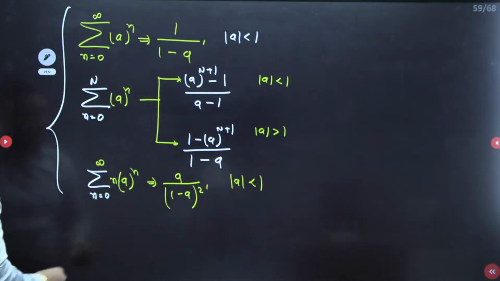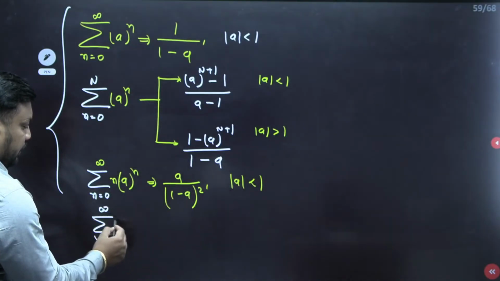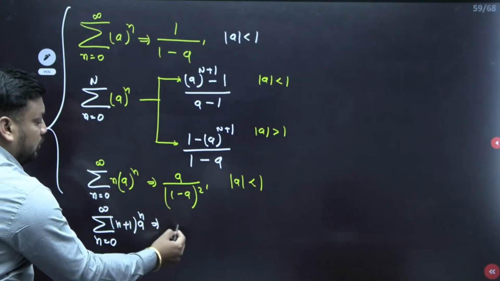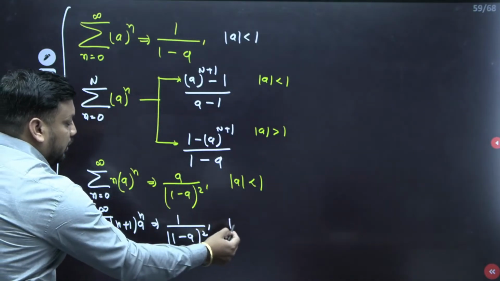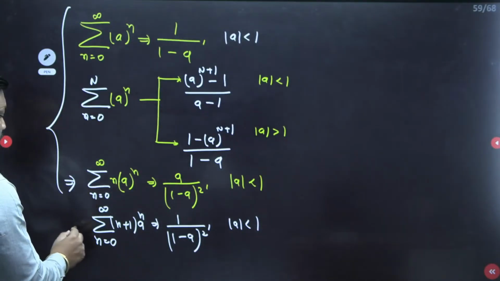This is also a very important formula. And if I talk about sigma of n equal to 0 to infinity n plus 1 into a to the power n, then it will be 1 upon 1 minus a whole square, and here again mod of a is less than 1. So students, these are the formulas you have to remember.